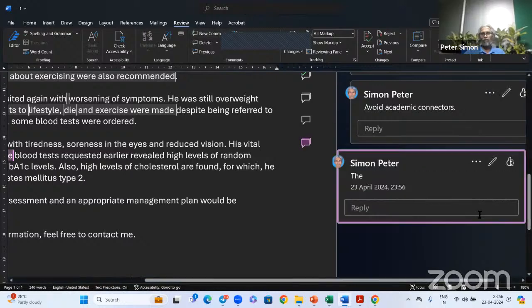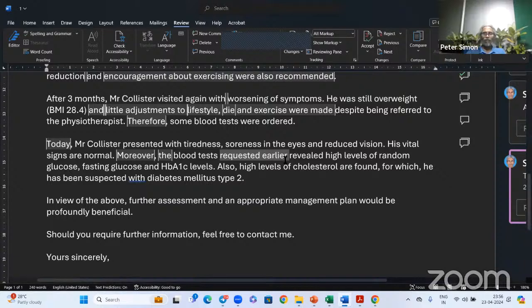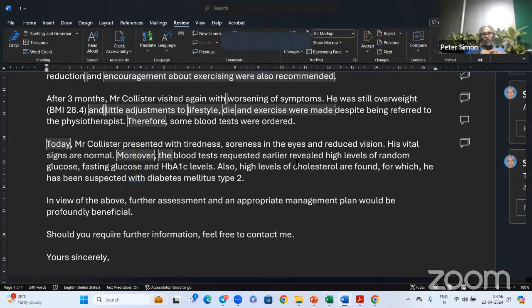The blood test is necessary. The blood tests requested earlier revealed high levels of random glucose, fasting glucose, and high levels. You can say extreme levels. Better word. What is the difference between high and extreme?